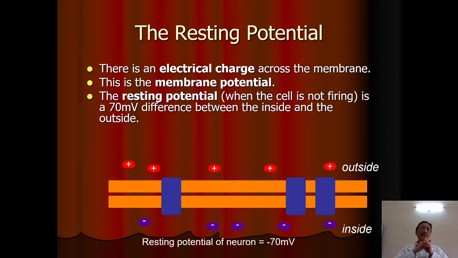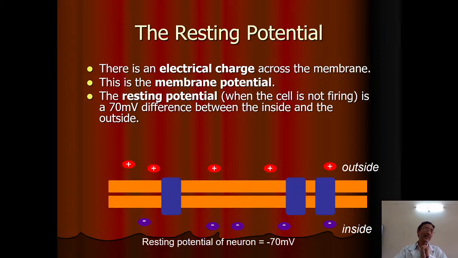So this difference in the ionic concentration between the outside and the inside normally makes the cell inside more negative than the outside. If you place a voltmeter with one electrode inside and another on the outside and see the difference in potential, you will find that the inside is around 70 millivolts negative compared to the outside. We call this minus 70 millivolts the resting membrane potential.